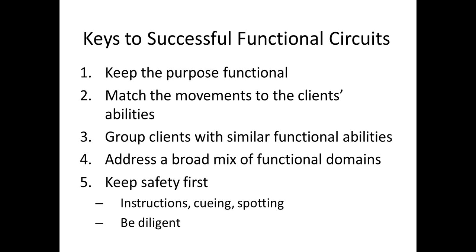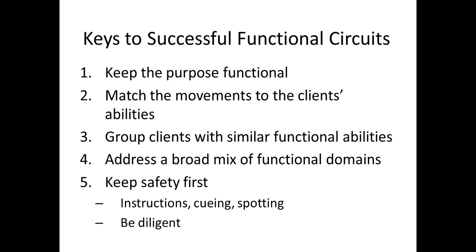And then the last thing, of course, is really being safe at all times. The thing about working with older adults in a small group environment is having to keep up with 4 to 6 clients. And think about it, if you're working on balance exercises, the only way to improve balance is to push them to the limits of their balance ability, which means they're likely going to become unstable and they might fall.